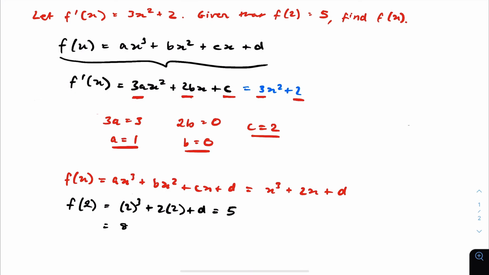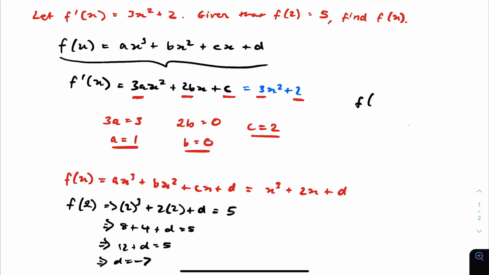So 8 plus 4 plus d is equal to 5, which implies 12 plus d is equal to 5. d is equal to negative 7, since it's 5 minus 12. Therefore, as we got in the previous way we solved this problem, f of x is equal to x cubed plus 2x minus 7.